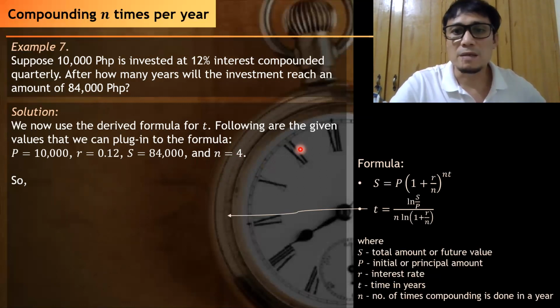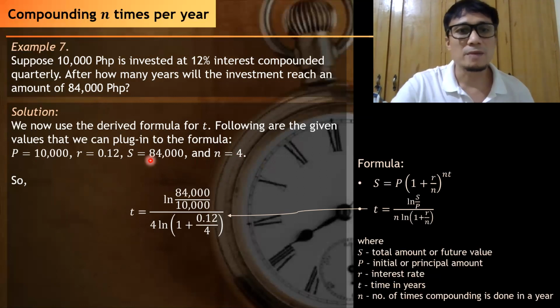Using that formula, we have ln of S over P. Now your S is 84,000 and your P is 10,000. That's why we have ln of 84,000 over 10,000, then over N, so 4 times ln of (1 plus R, which is 0.12, over N, which is 4).